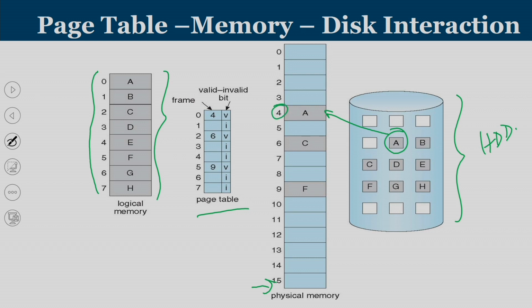The meaning of it is the 0th page of the program is residing inside the 4th frame and the valid bit is 1. But page 1, this B, is not mapped anywhere, so it is called invalid. Now C is already kept in the 6th frame, that is why it is marked as valid.